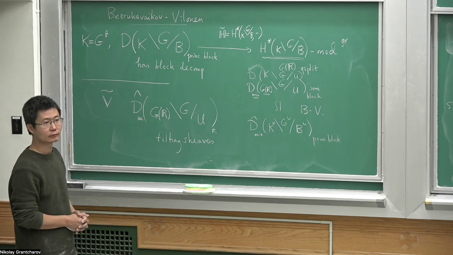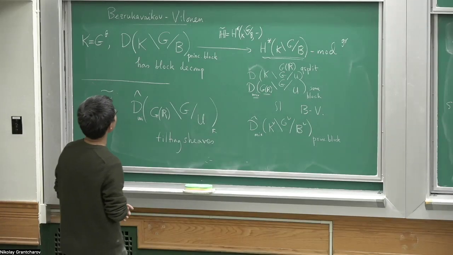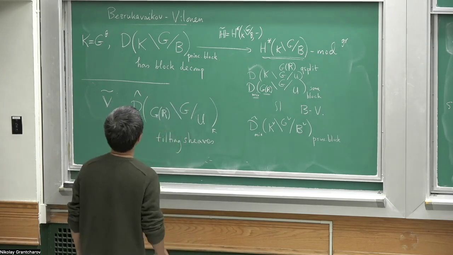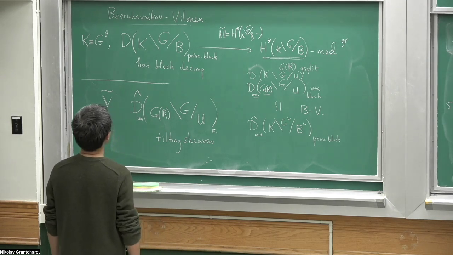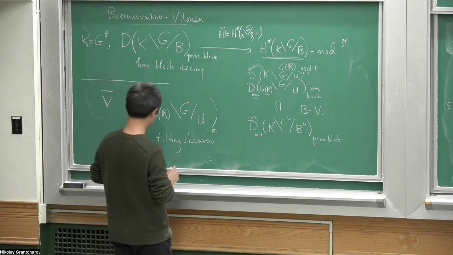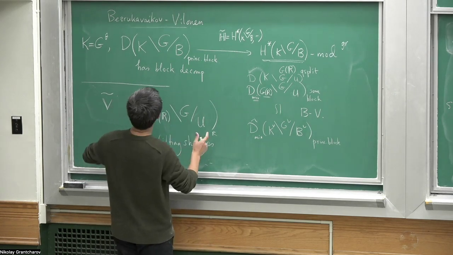In your setting with Lusztig, is there a Koszul duality? Yes, there is also a Koszul duality. And what happens with the local system? So sorry, I shouldn't say there's a Koszul duality because, as you said, it's not very natural to match local systems on both sides.